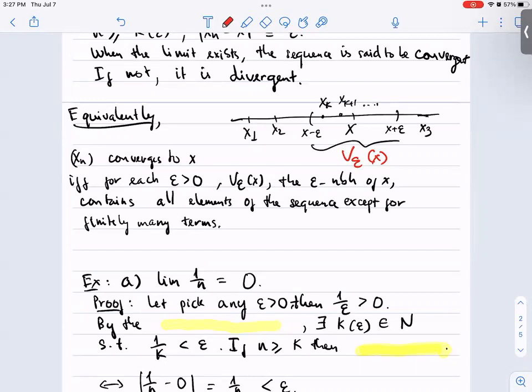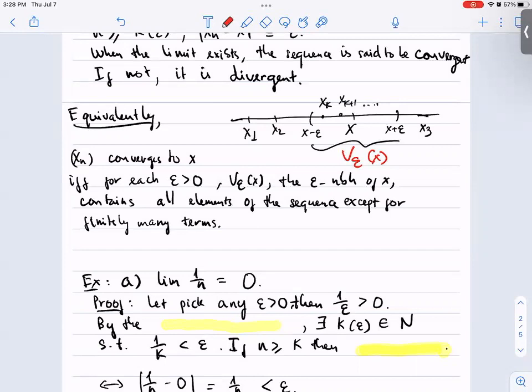X is the limit if for any number epsilon, this small neighborhood contains almost all elements in this sequence, except for finitely many terms.